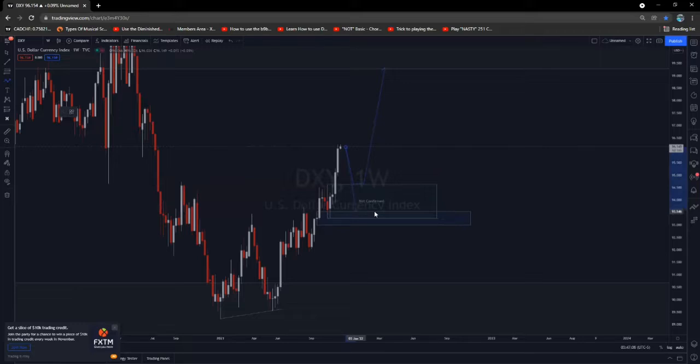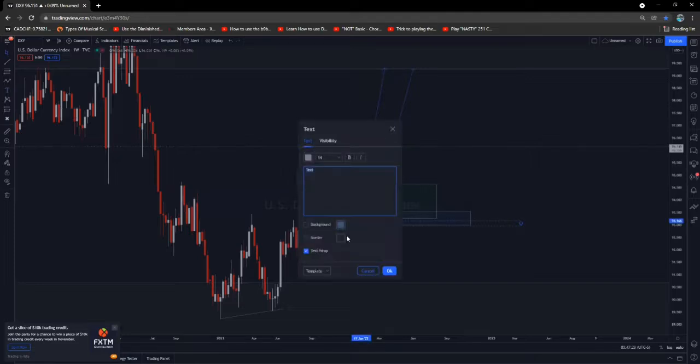Right. And it's only been tested once. So the market might come back to that area for demand before going up to the upside. So this is confirmed.